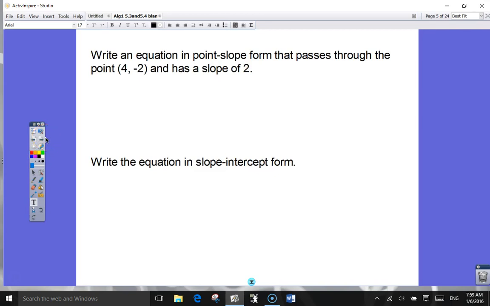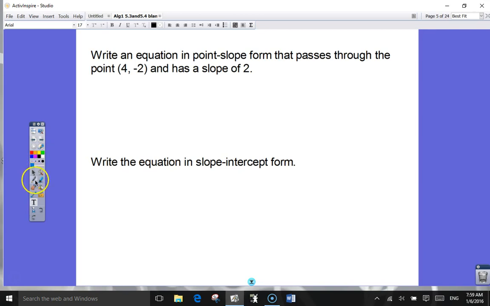So write an equation in point slope form that passes through the given point and has the given slope. If you're given a point and the slope, you should be able to put it into point slope form.